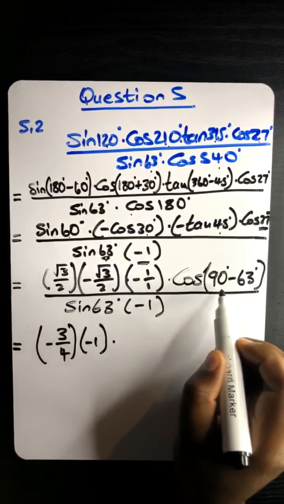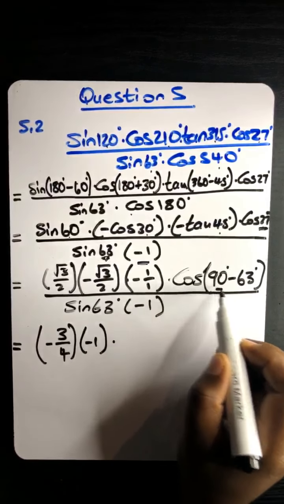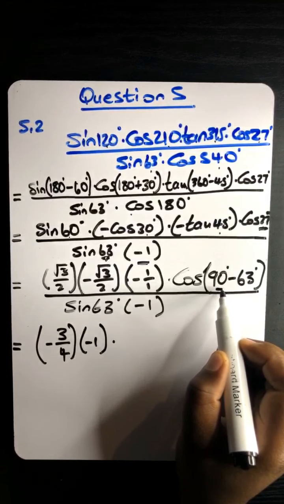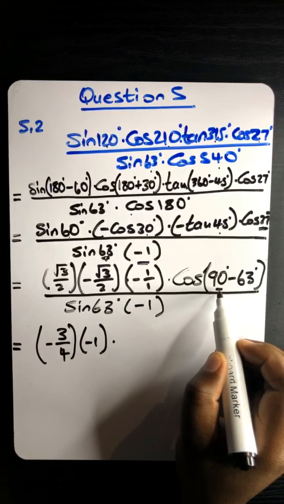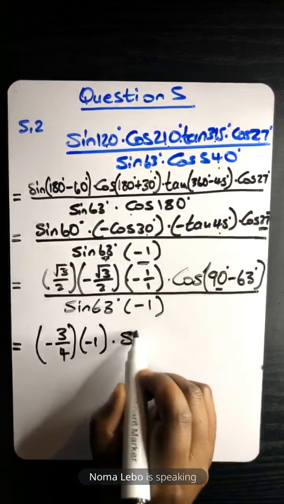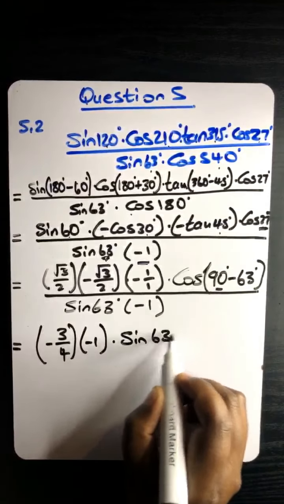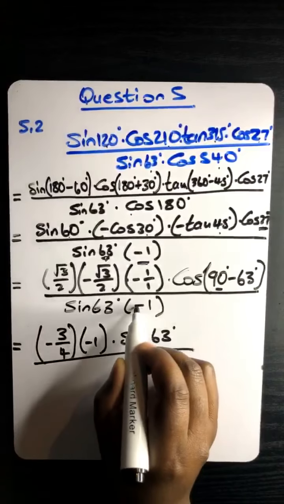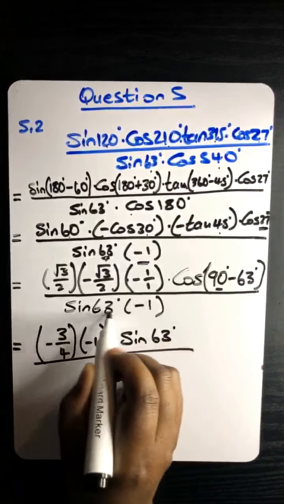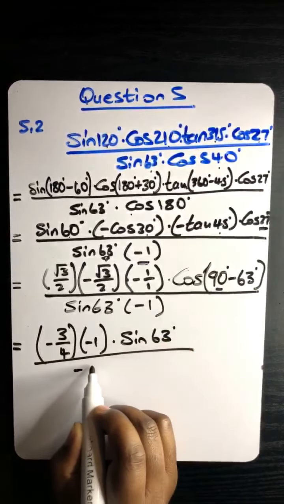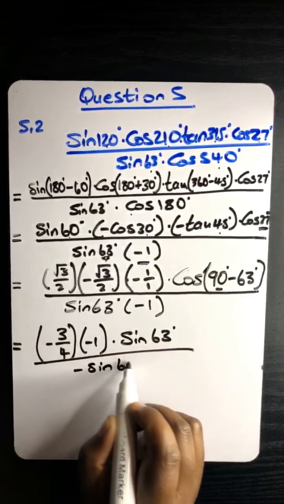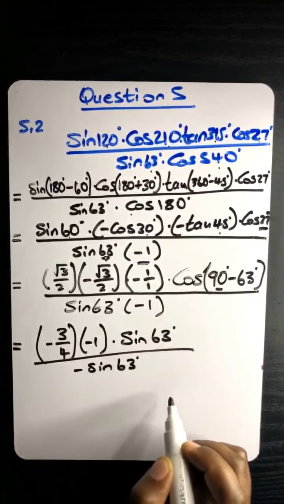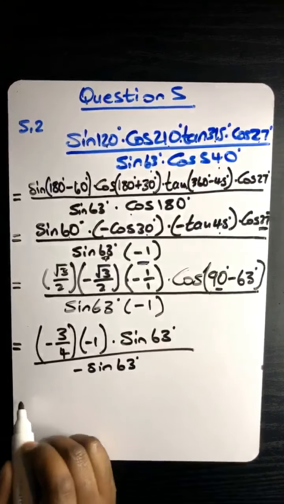And then because it's 90 there, it means that cos will change into sine. Then it means we have sine of 63 degrees. What is negative 1 times sine 63? Is it not negative sine of 63 degrees? I think it is.